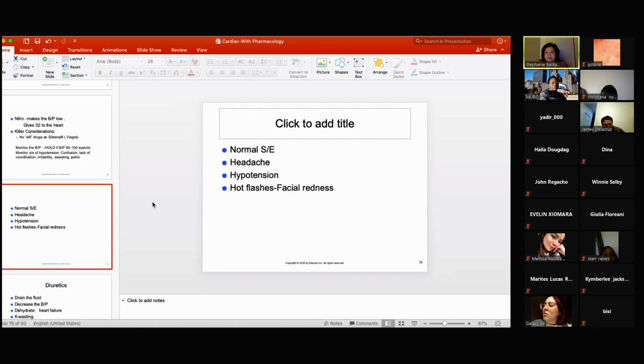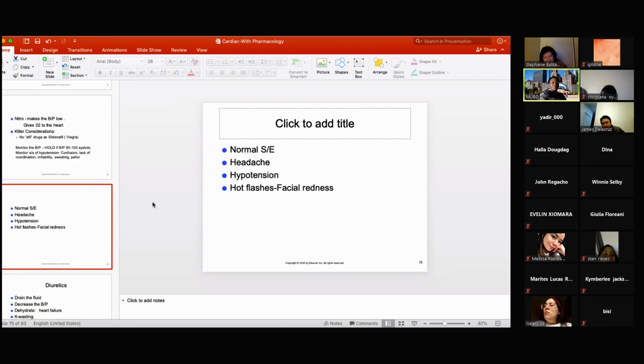Questions? We're still good? The normal side effects, I still get confused with the use of these two terms. Normal side effects means expected side effects? Yes, so it's not adverse.